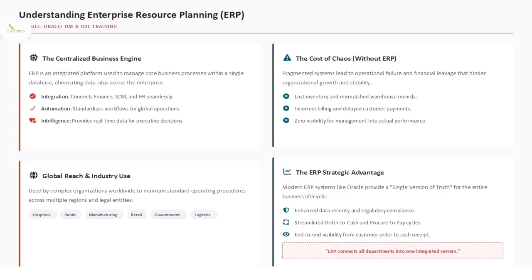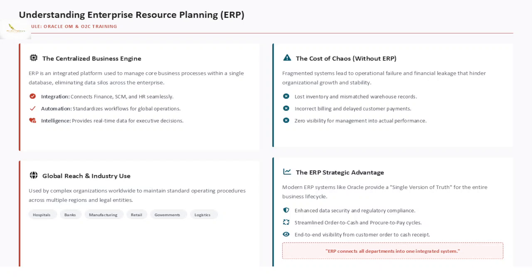Okay, now let's begin with one of the most important concepts in enterprise technology, which is ERP, called enterprise resource planning.